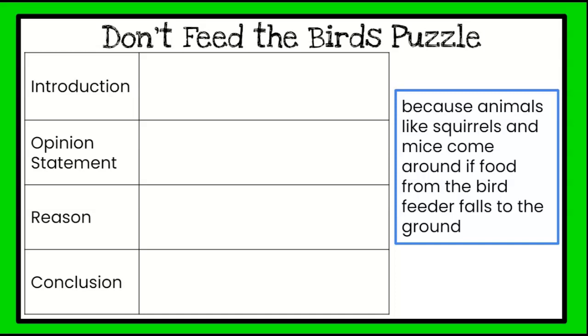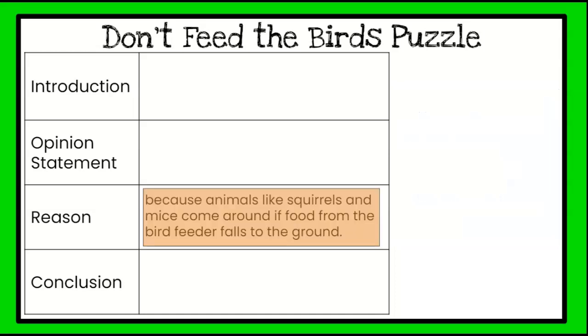The reason tells me why they think it, and the conclusion wraps it all up. There's a really important word in there. Do you know what it is? Yeah, that's it. Because. Because is the important word. It answers the why. So that means it is the reason.